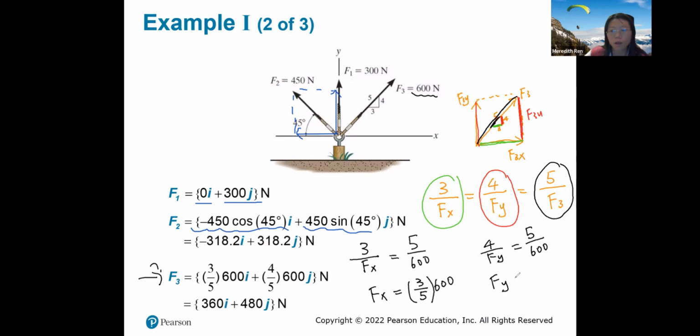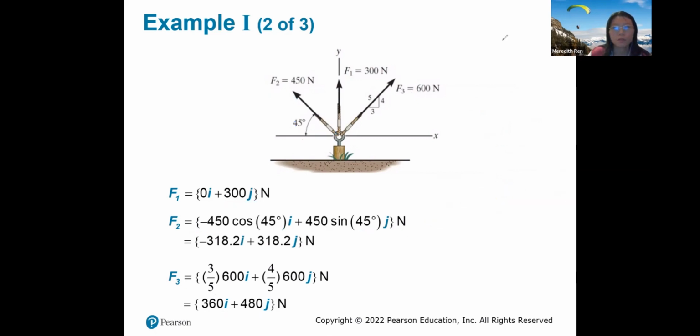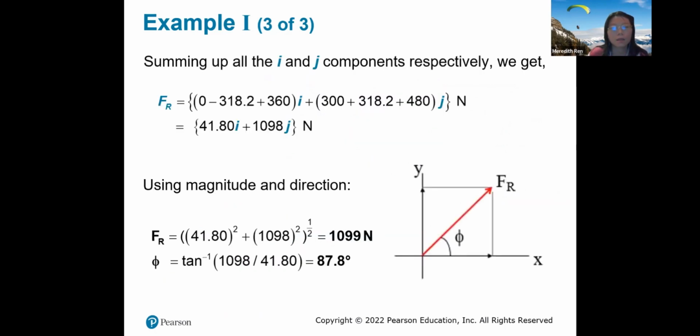That means your Fy is going to be 4 over 5 multiplied by 600. Okay, putting that together numerically, I will let you put that in the calculator. That will give you the horizontal component or the I value of your F3, and then the vertical component, which is the J component of your F3. Hope that helps you.